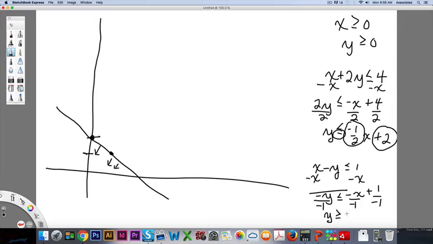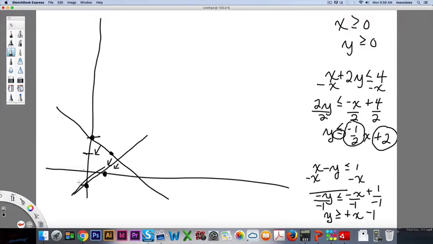So y is greater than or equal to x minus 1. Now when I graph this, I know the y-intercept's negative 1, and its slope is positive 1. Up 1, right 1. And then this again is a solid line. Oops, I'll make the dot a little bit bigger.